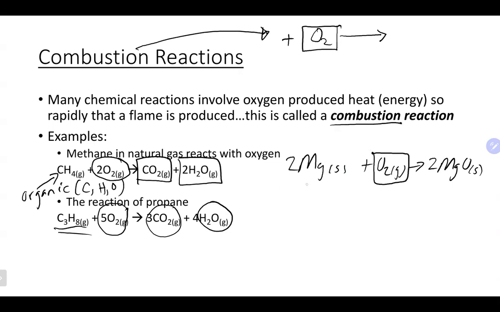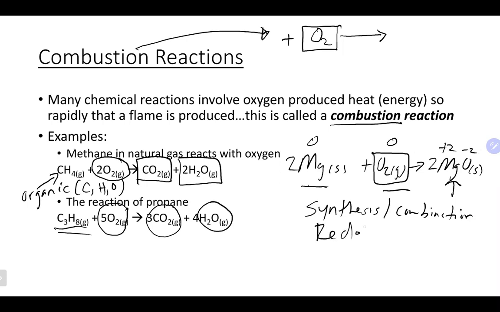We also saw earlier that that is 2 things that make one thing, which means you can technically classify this as a synthesis or combination. And if that wasn't enough classification for this one reaction, this is also a redox reaction that's happening: 0, 0, plus 2, minus 2. So it's a redox reaction that is occurring as well. So you can see, you can get crazy with the classifications. You can look at the same one. This one's a good example of that, and you could actually classify it 3 different ways.